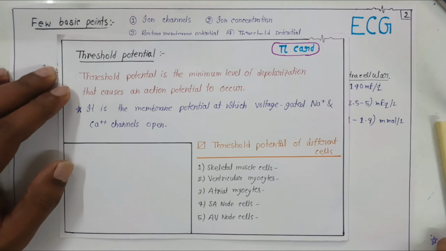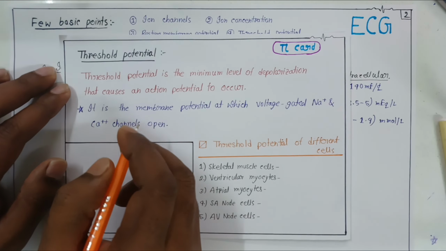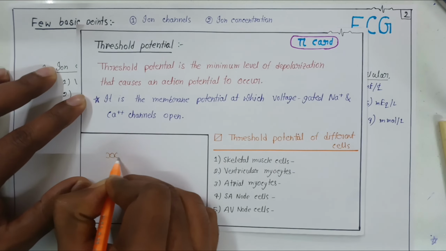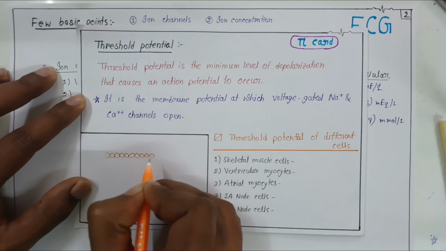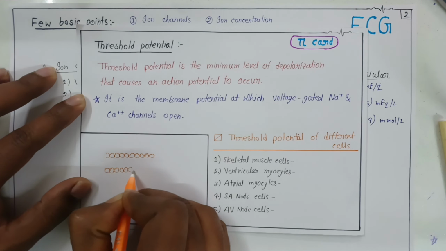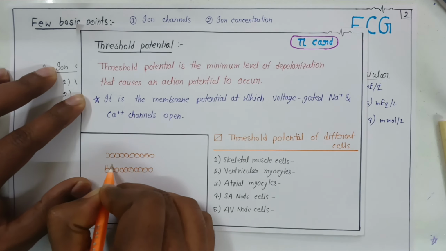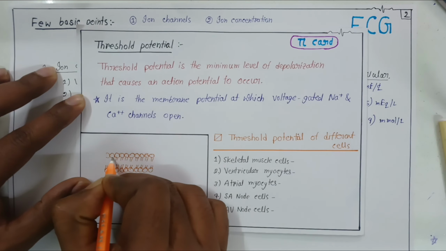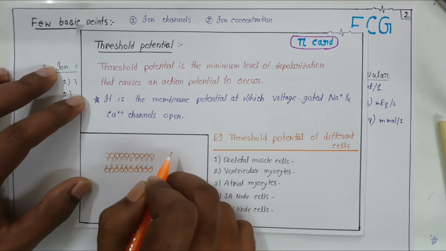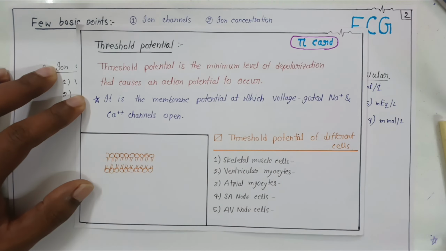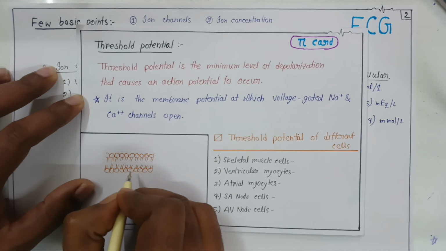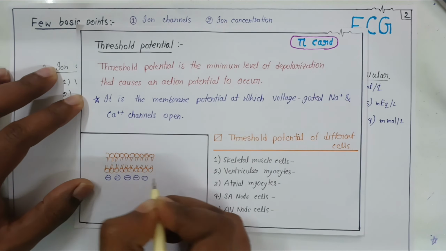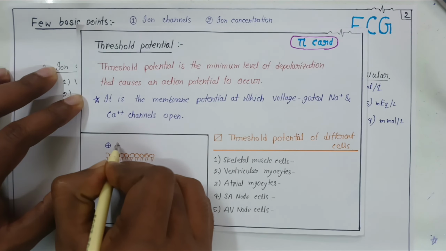Okay, so let's draw a cell membrane and see the threshold potential. That is the lipid bilayer of the cell. That is the cell membrane. Now we know inside the cell there is negative charge and outside the cell there is positive charge.